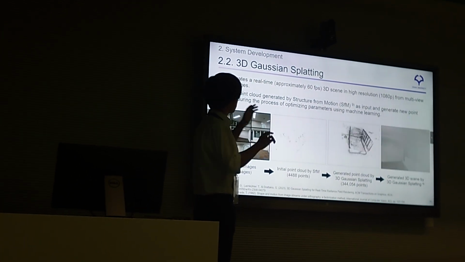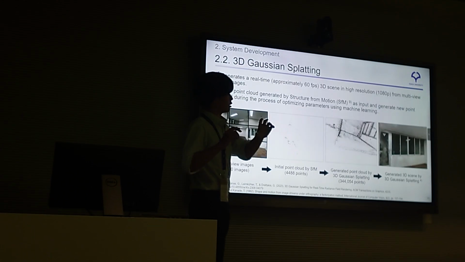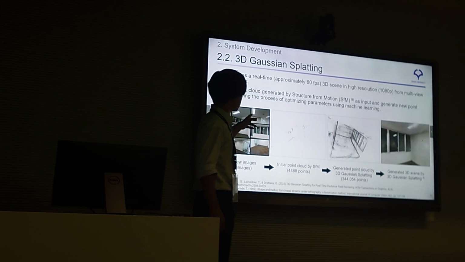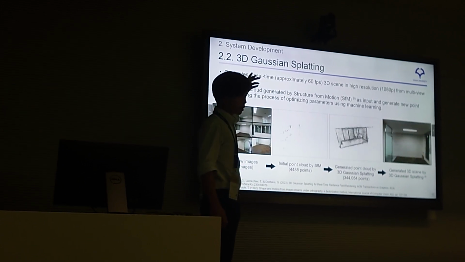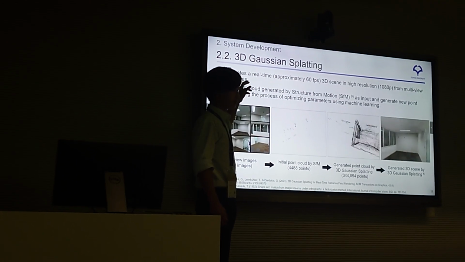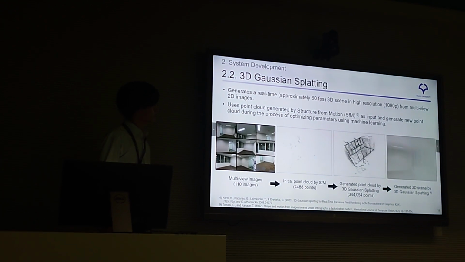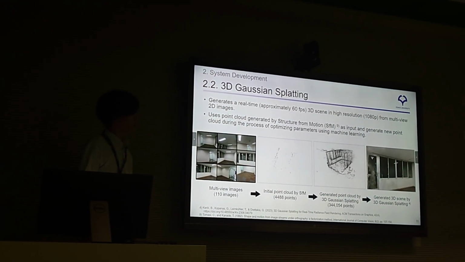So, 110 images. So that's the name of the package. It's the Gaussian splatting, is the name of the tool? Okay. It's available on GitHub.